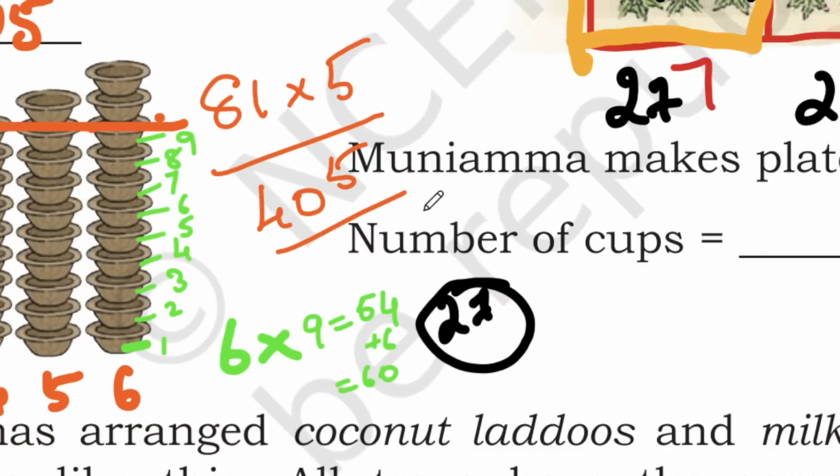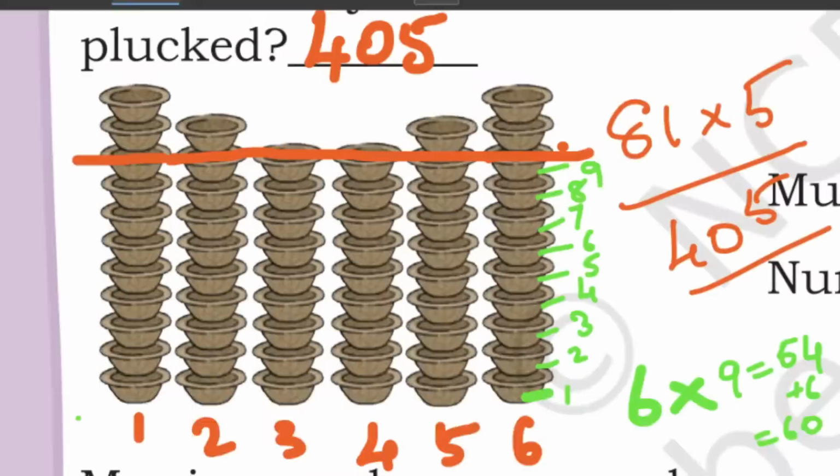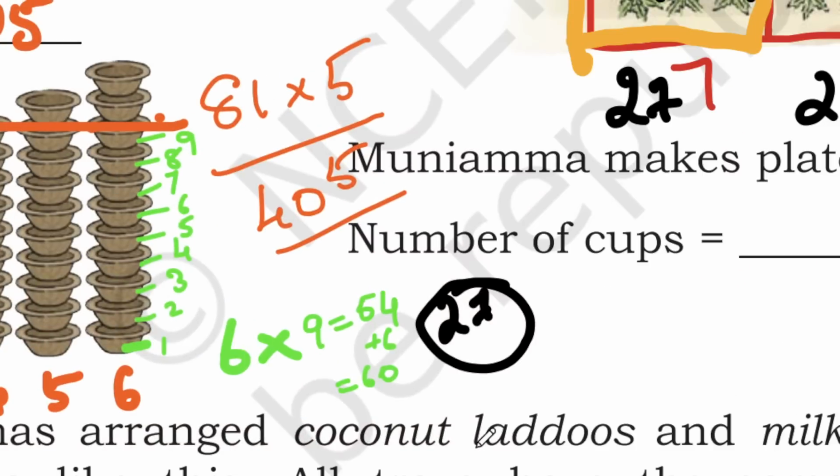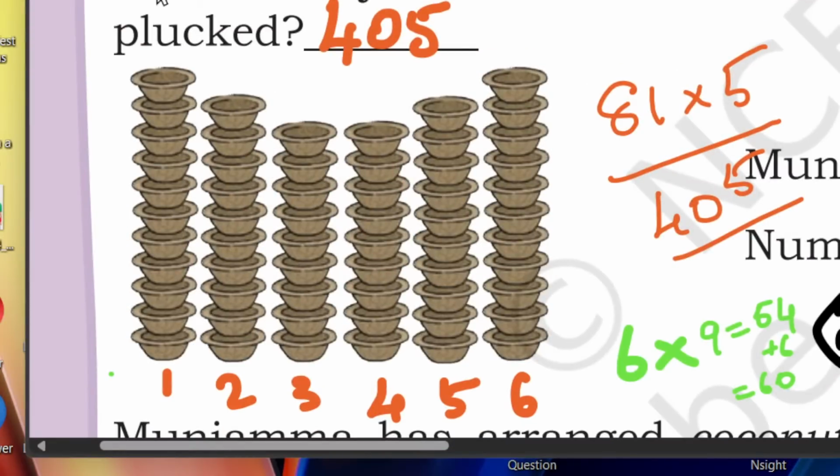I'm going to erase all these out, students. Let me erase this out. Okay, and I'll show you in a different way. Okay, let me take another color, maybe a black one.